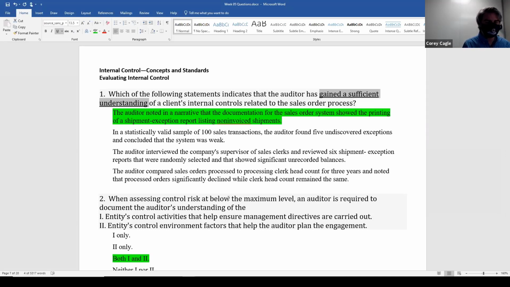But yeah, A is the only one showing an understanding. B is a sample of transactions and they found exceptions. That's just a substantive audit test. C says the auditor interviewed the supervisor and reviewed some shipment exception reports that were randomly selected. This is also audit testing or testing controls or whatever. So yeah, that one's just paying attention to the wording.